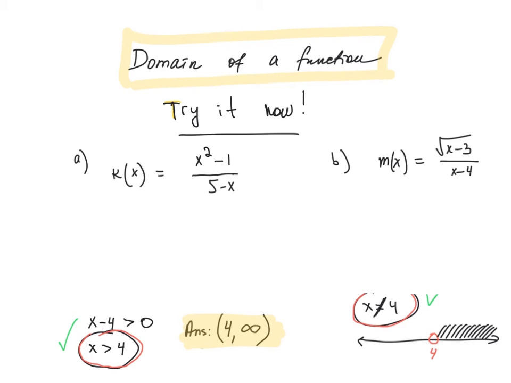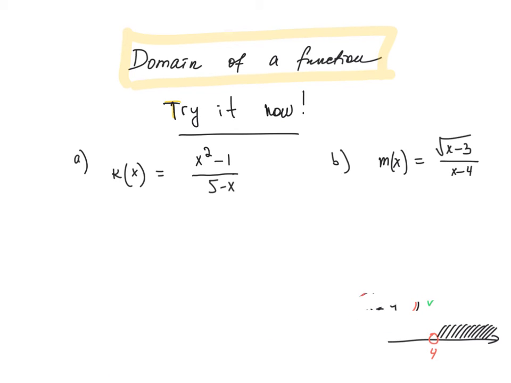Well, I hope you were able to solve it. Let me show you my work, and hopefully you guys got the same answers. So for this one, I do have a fraction. Nothing is happening in the numerator.